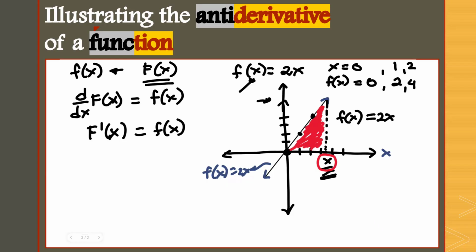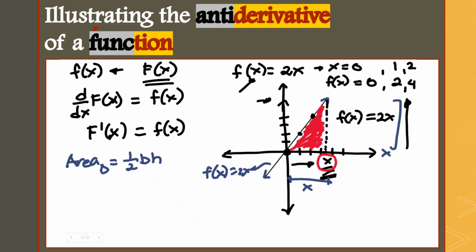In general form, as soon as we arrive at the value of x, the height of that certain figure would be f of x, which is 2x. Since this is a straight line, we have determined a certain triangle. The area of a triangle is one half base times height. Our base corresponds to this distance, which stands for our x, and our height corresponds to f of x, which for all x's is 2x.